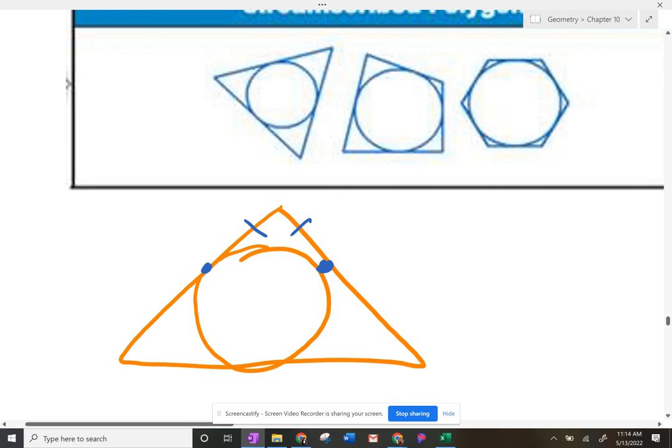Because again, I just have those two circumscribed lines that come together in one point. Over here, I've got two circumscribed lines that come together to make one point. So over here, these ones are going to be the same length. On this opposite side, these ones will be the exact same length.